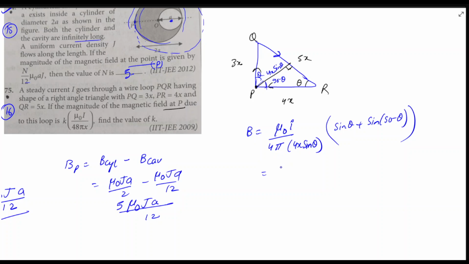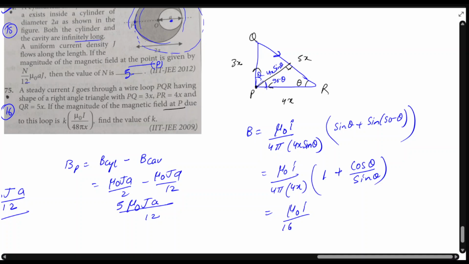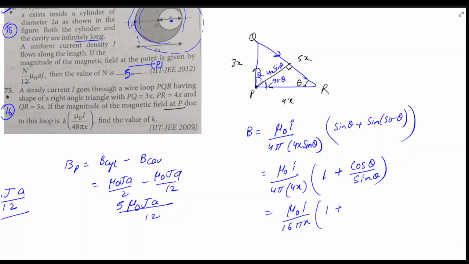So let's just put all those values. So it will be mu naught I upon 4 pi into 4x, and let's just divide by sine theta. So it will be 1 plus cos theta upon sine theta. So we're having mu naught I upon 16 pi x and this will be 1 plus cot theta. So cot theta will be base upon perpendicular.